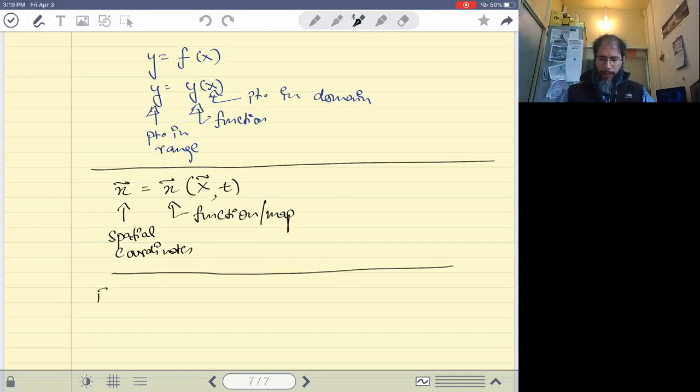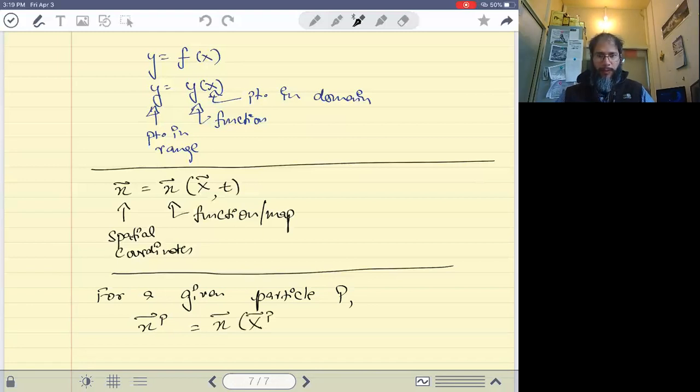Now, for a given particle P, I can say x, the spatial coordinates of the particle P, is equal to small x of the reference coordinate of the particle P and the time at which we are having the current configuration for which we are trying to find the spatial coordinates.